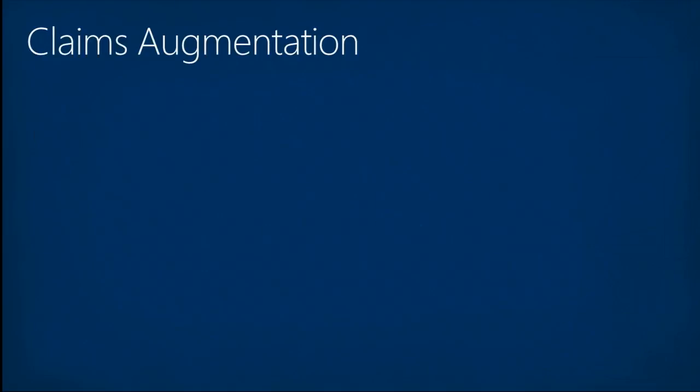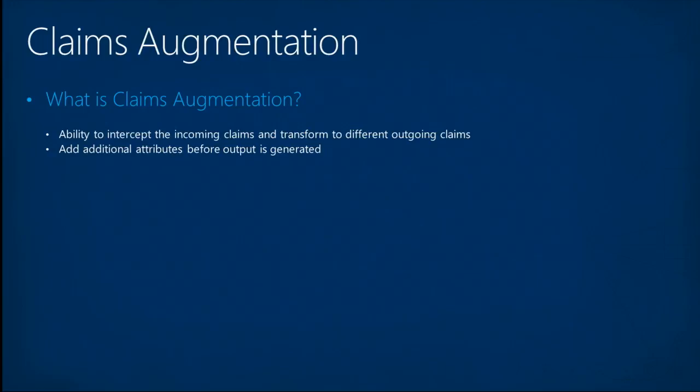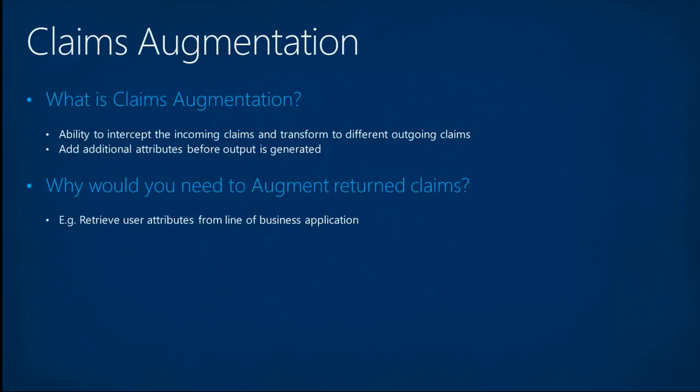So, what about augmentation? What is augmentation for? It's the ability to intercept the incoming claims and to transform them to different outgoing ones. It also allows us to add extra attributes and have them generated on the fly as part of that process. Why would you need to augment? Well, think about it logically.